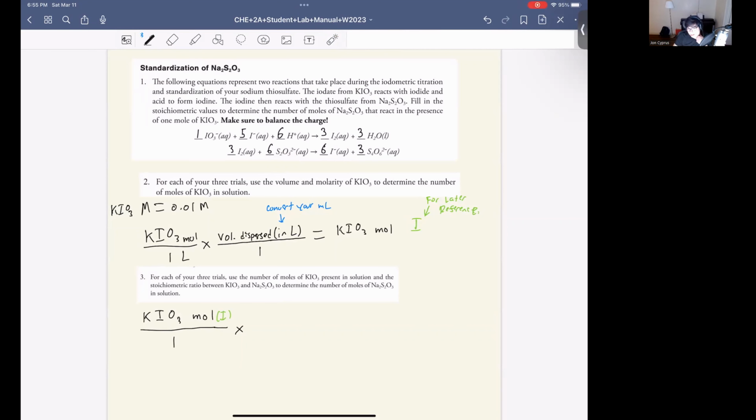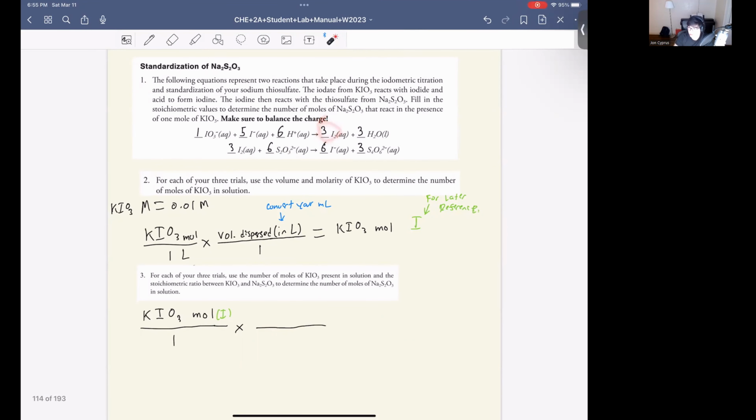So I'm just going to go ahead and convert it to that. For every mole of KIO3 that I have, I'm going to convert to iodine first because I can't directly relate this iodate to the sulfide, I believe.